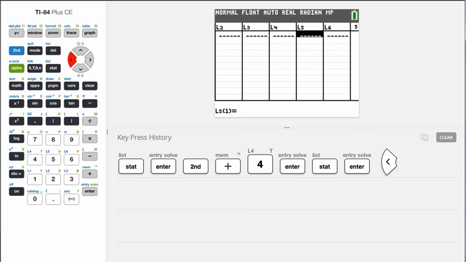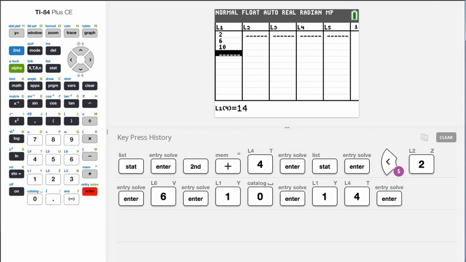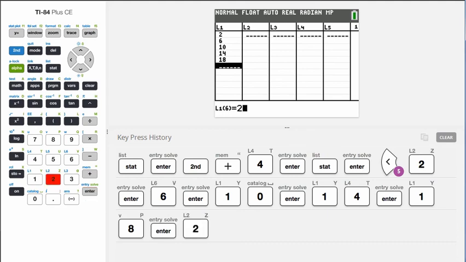I'm going to arrow over. In L1, I'm going to type all my values for x, the midpoints. 2, 6, 10, 14, 18, 22.